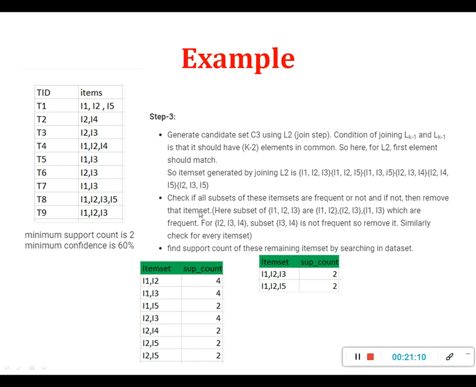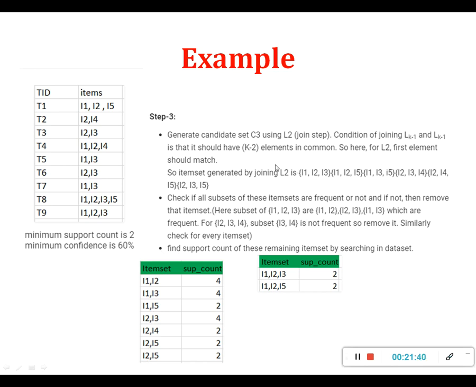From this we find our item sets and different combinations of item sets, like here mentioned, not in the table, but you can see I1, I2, I3, I1, I2, I5, I1, I2, I3, I5, I2, I3, I4 likewise. So we have to select the initial of this item set. What is the initial of the item set? I1, I1, I1, I2, I2, I2. So whatever things are starting with I1, I2, I3, we have selected that.